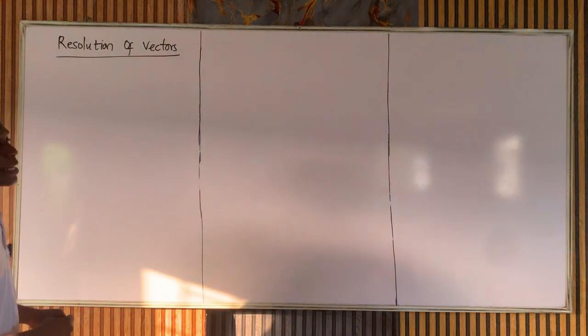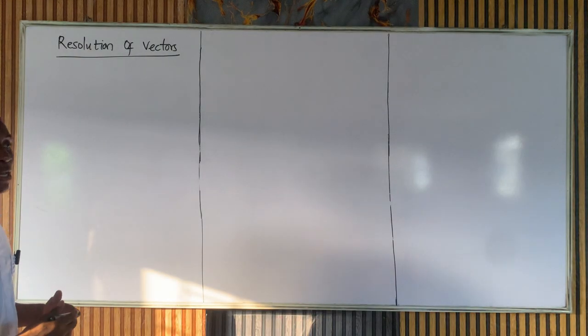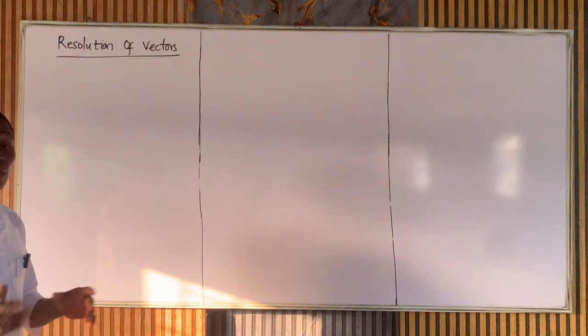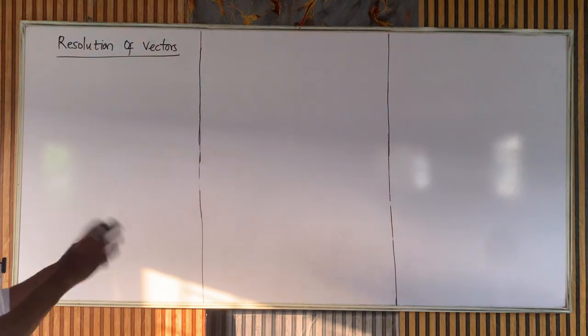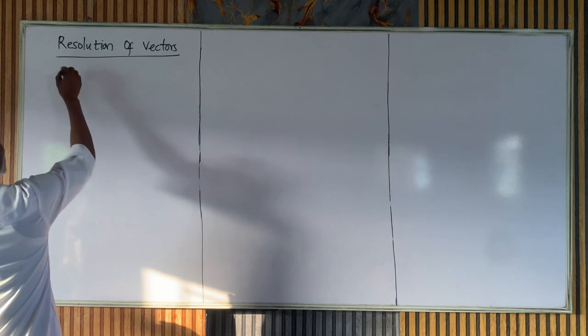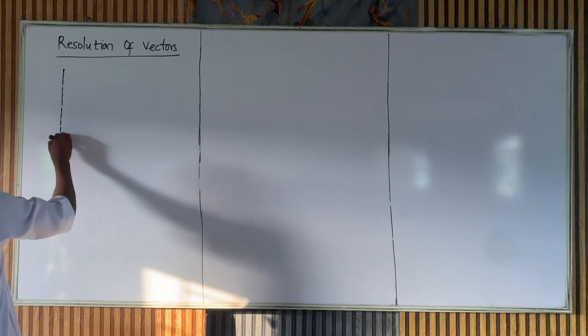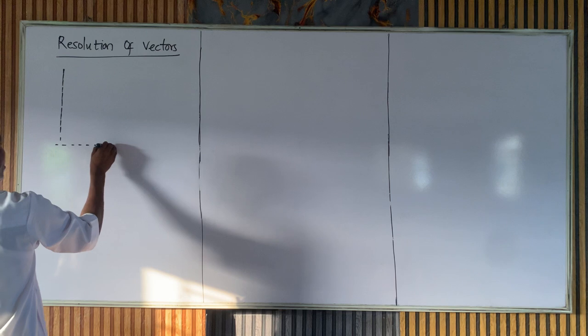But in mechanics or physics, we resolve between these 2 axes or between these 3 axes. Like I said, I will be focusing just on the 2 axes. First of all, take note that this is what we call the vertical axis, and this is what we call the horizontal axis.